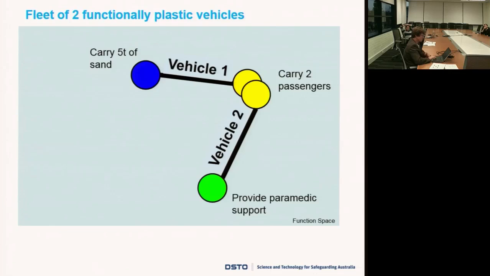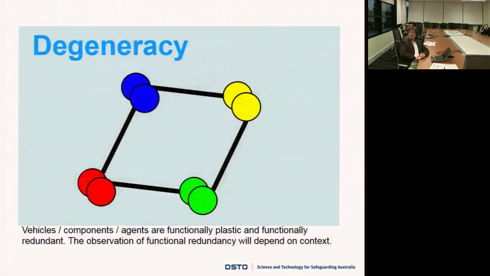Now, what is degeneracy? I can define it now. It's depicted here with bifunctional objects. It is a particular way of arranging functionally plastic and functionally redundant agents or components of vehicles, where the observation of functional redundancy will depend on context.